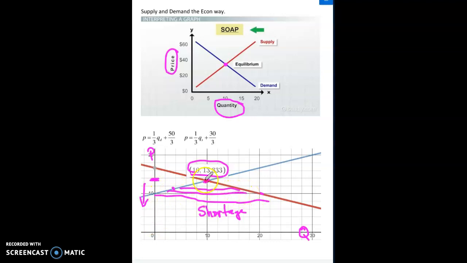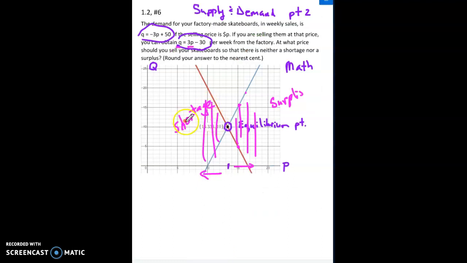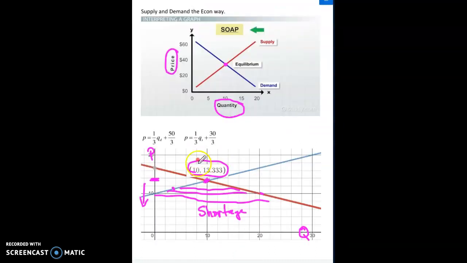So shortage is below the equilibrium point for the econ, whereas in the math, shortage was to the left, which is kind of like another below. It's a smaller horizontal value.